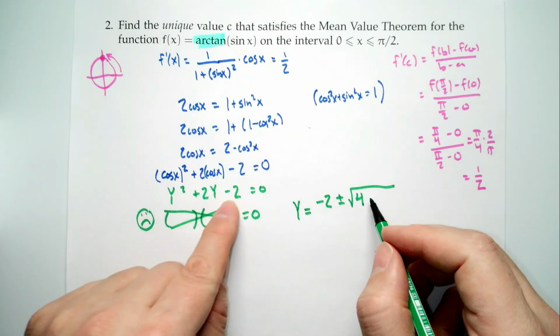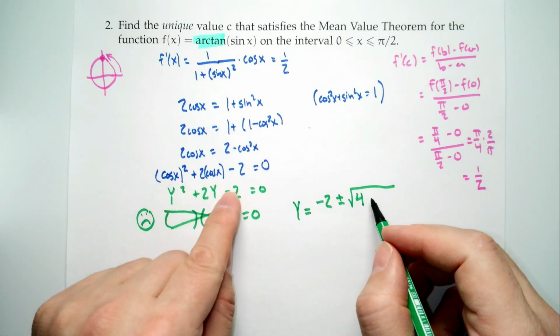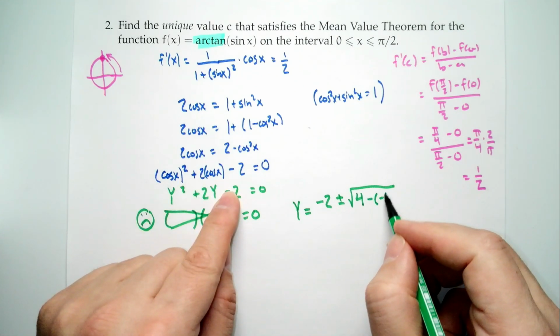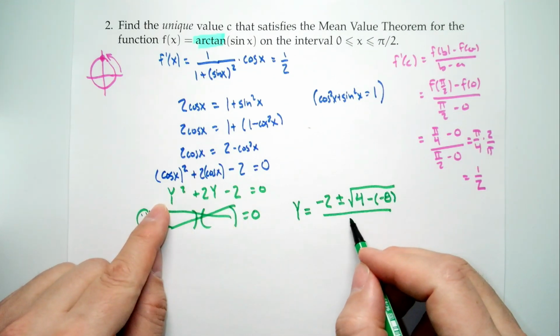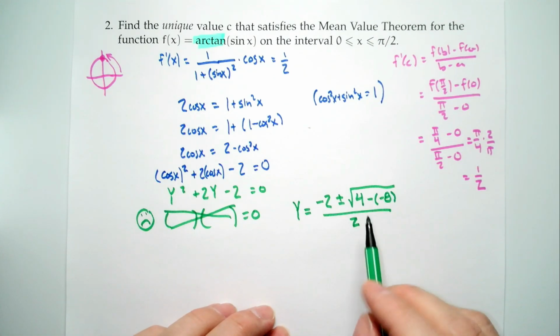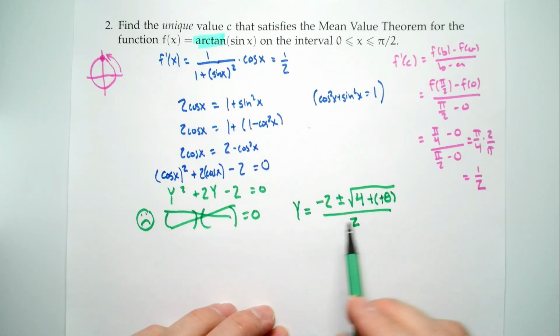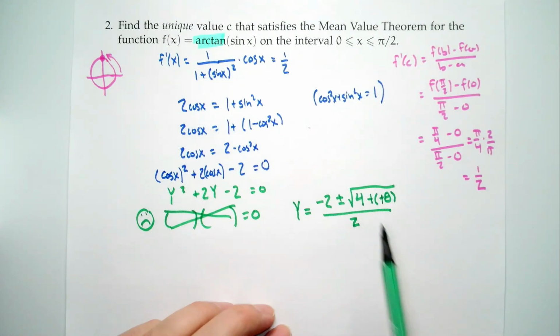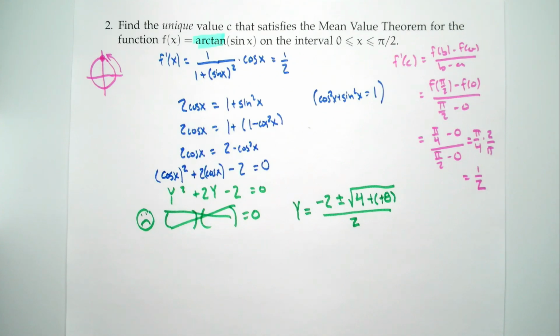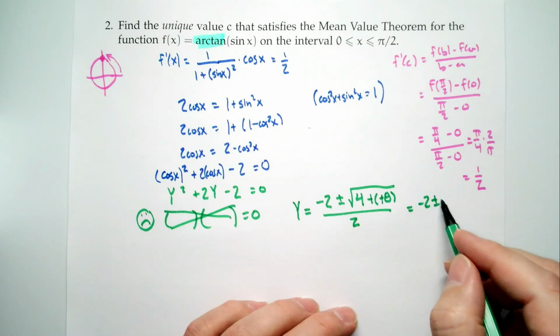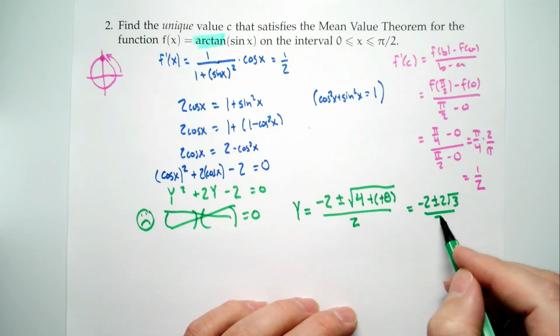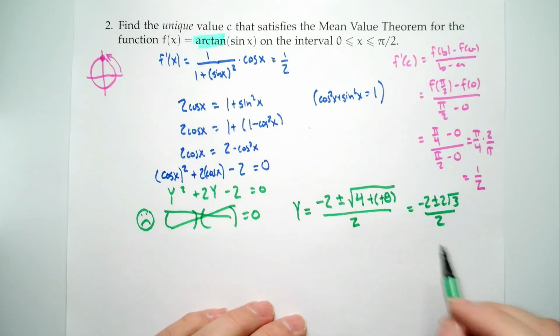So 4 times 1 times negative 2, so minus 8. All of that divided by 2a. Now if you clean that up, minus minus of course becomes plus. Square root of 12. Well, 12 is 4 times 3, so you can pull out a 2. So this is really negative 2 plus or minus 2 root 3 over 2. And you can cancel off all the 2's.